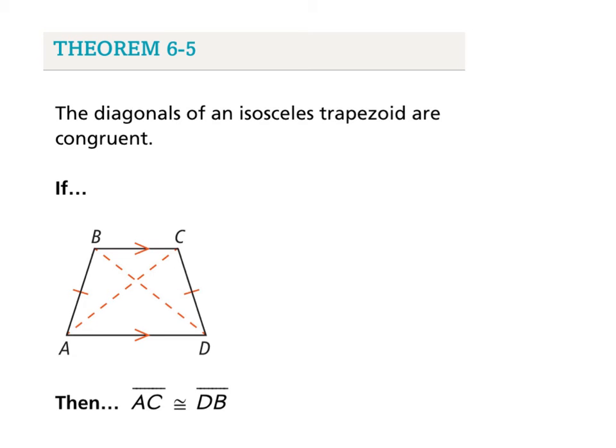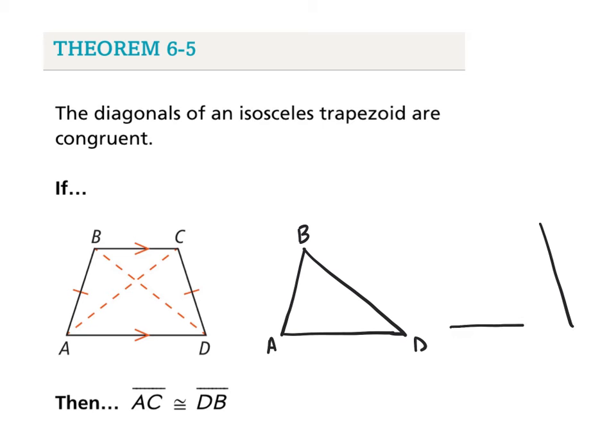But the two triangles I'm going to look at, I'm going to redraw over here off to the side. I'm going to look at triangle BAD and triangle CDA, which would look about like this. So I've just redrawn triangle BDA right here and triangle CDA right here.